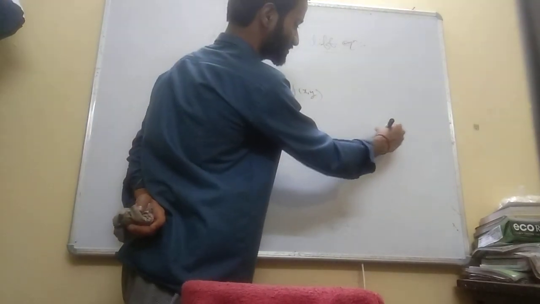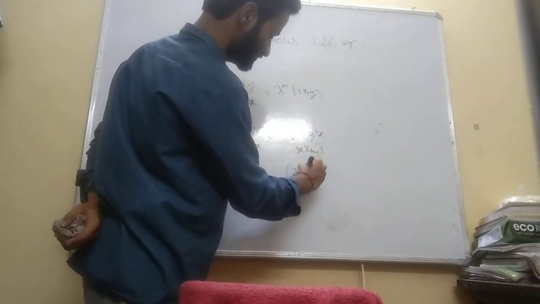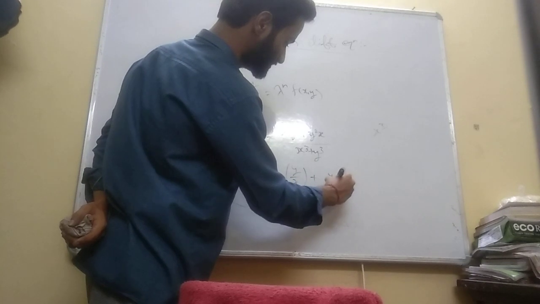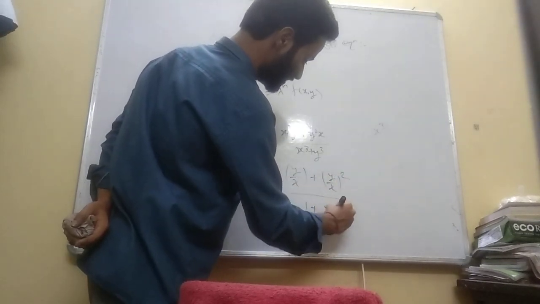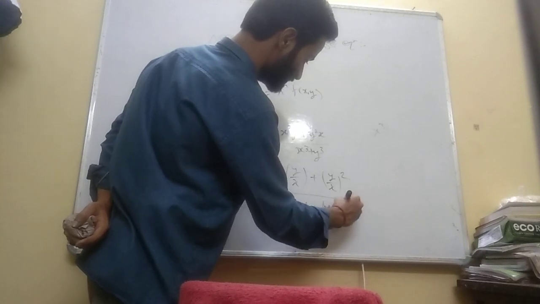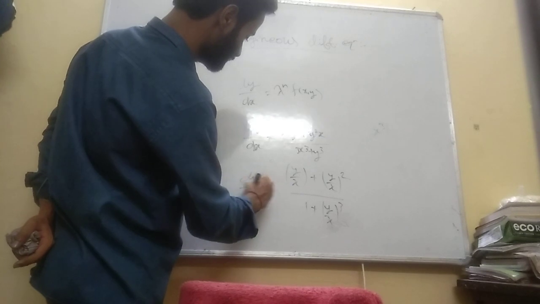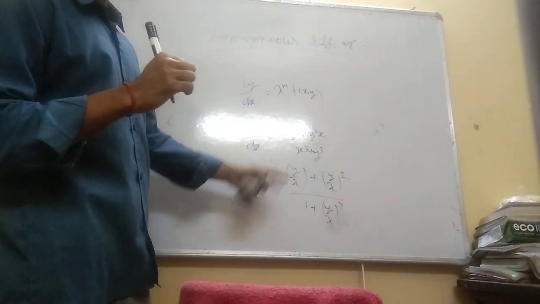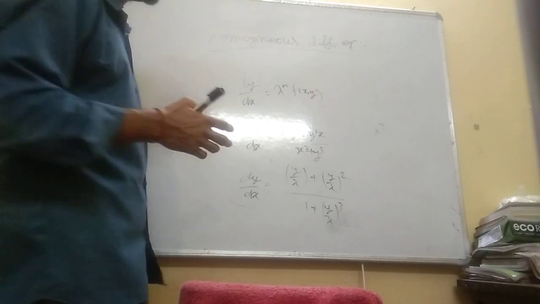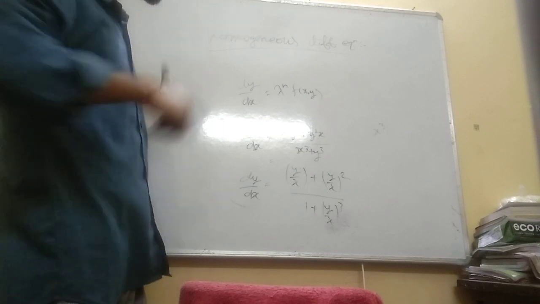So when we divide by x cube, you will get y by x plus (y by x) whole square upon 1 plus (y by x) whole cube, and that will be dy by dx. Actually, this is the process when we are going to solve any problem in the homogeneous differential equation.